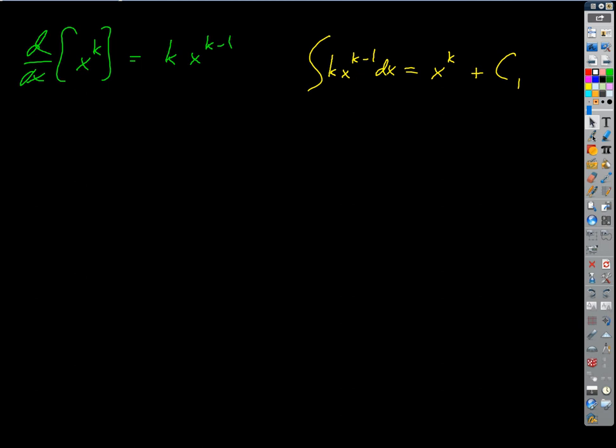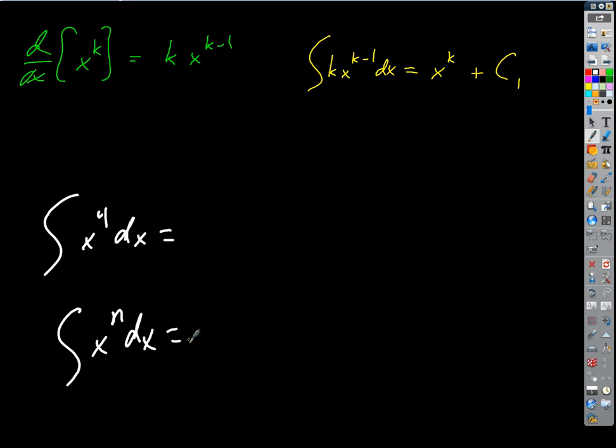We'd be using this in a situation where we're trying to take an integral of, say, x to the fourth dx, right? So that's not the form we want this in. We want this in the form something like the integral of x to the n dx equals an answer, right? We don't want to have to think about having this goofy constant out there that, who knows, when's that going to fit perfectly?